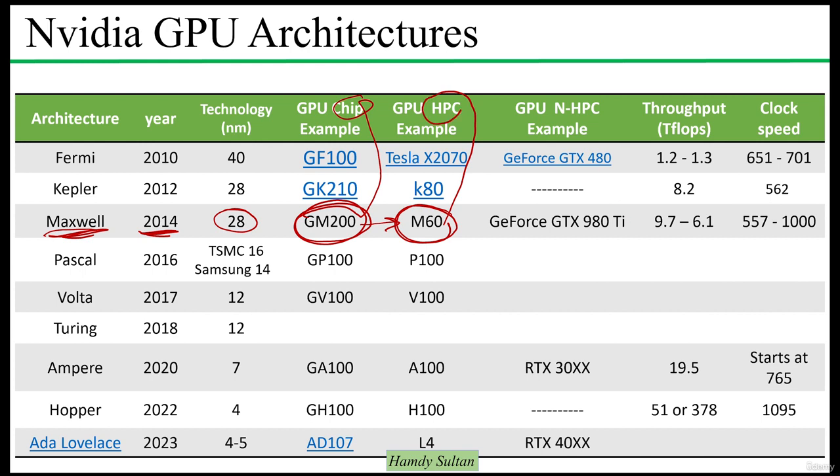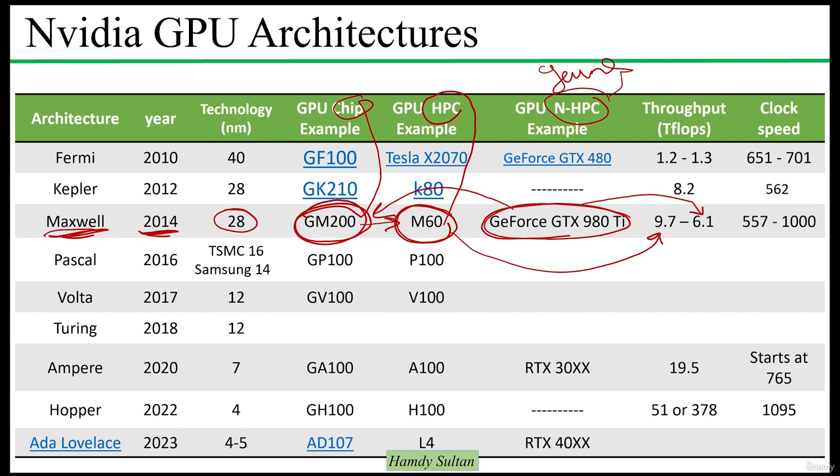Additionally, for those interested in gaming, the GeForce GTX 980 Ti is another GPU based on the Maxwell architecture. Regarding the throughput, the M60 delivers 9.7 teraflops, whereas the GTX GPU delivers 6.1 teraflops.